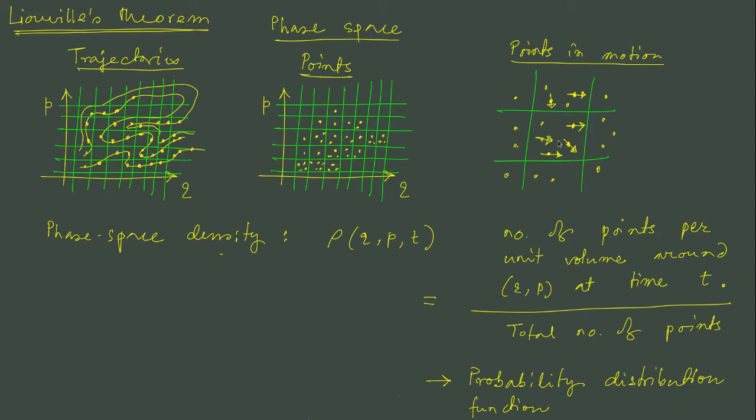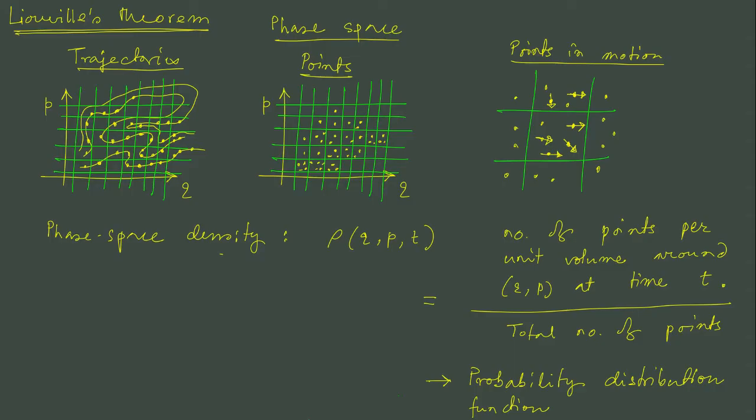Some are going down, some are going towards the right, and in this box some particles are going out. If we look grid by grid, this swarm of particles in the phase space is constantly moving from one grid to another, always in motion.